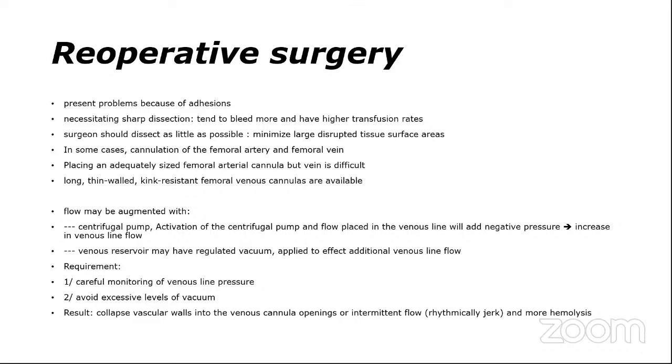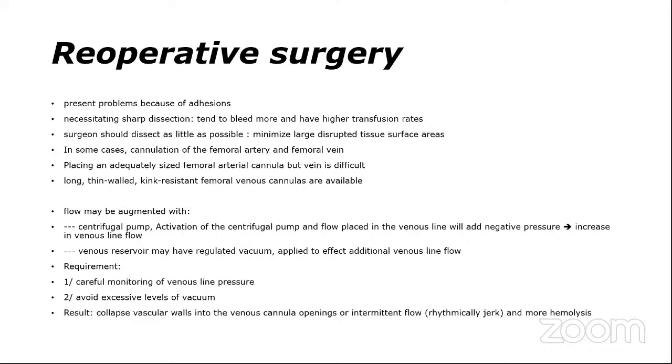In some cases, cannulation of the femoral artery or femoral vein can be done if you have no access to the aorta. Placing an adequate size femoral artery cannula will be easy, but the most difficult is the vein. Femoral vein will be difficult to judge.